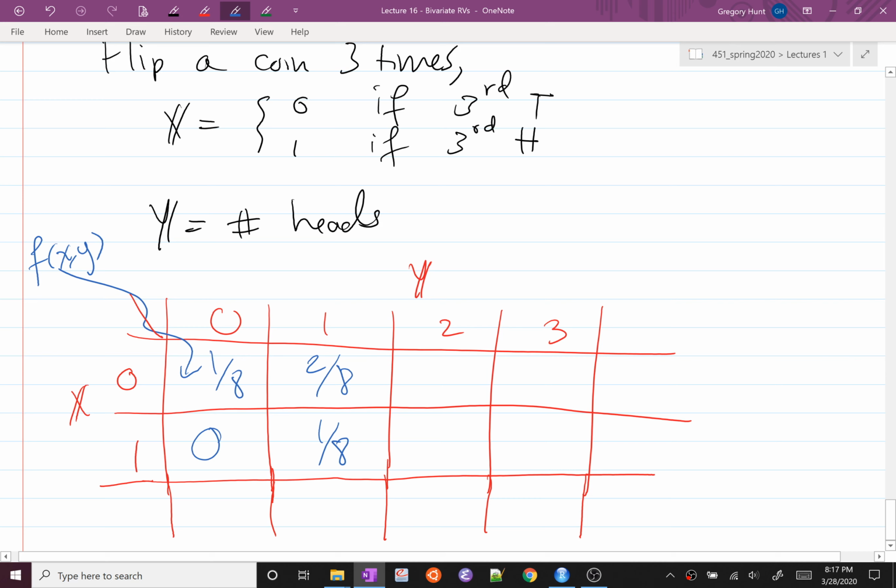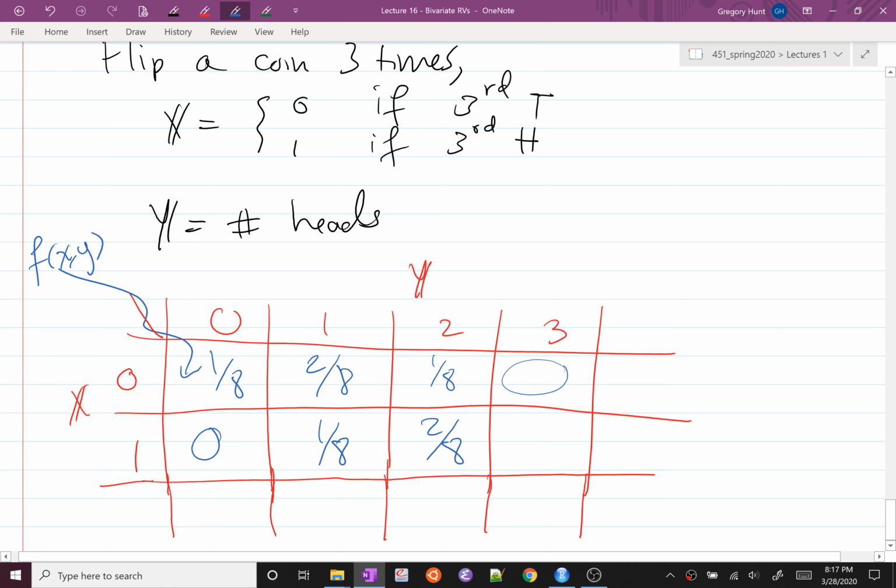So that would be heads, heads, tails. So that would be 1 of my 8 possibilities. Okay, let's look at this box. 2 of them are heads, and the third is a heads. So that could be tails, heads, heads, or heads, tails, heads. So 2 out of 8 possibilities.